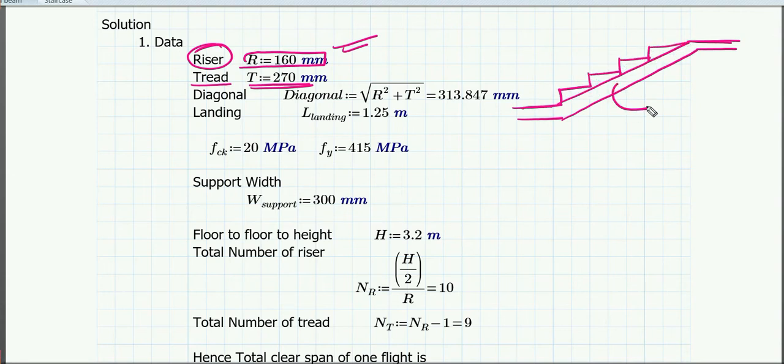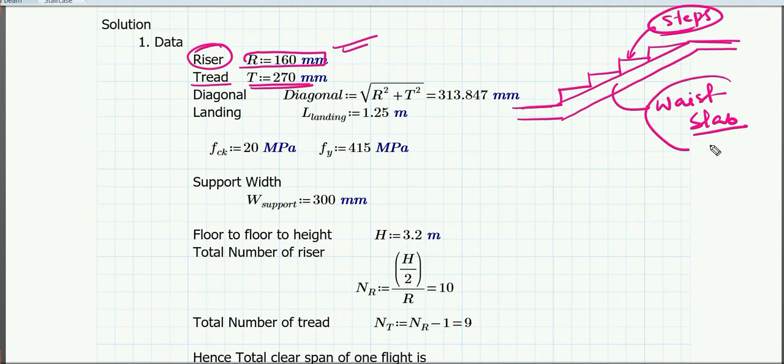This is the waist slab and these are the steps. This is the waist slab and this is a step. So the particular dogleg staircase that we are going to design is a waist slab type of staircase.